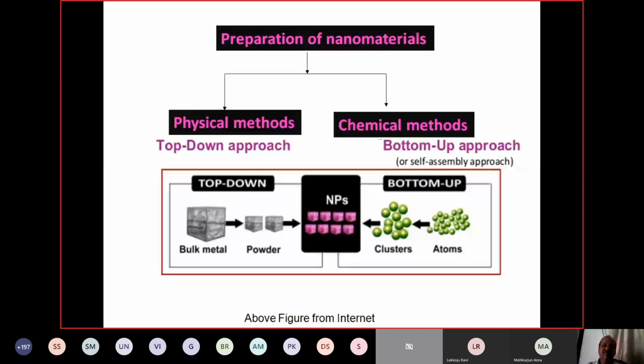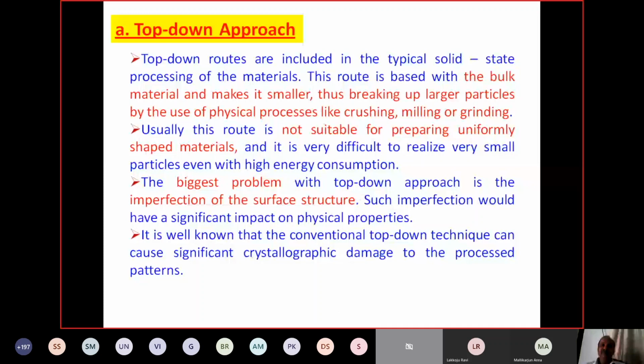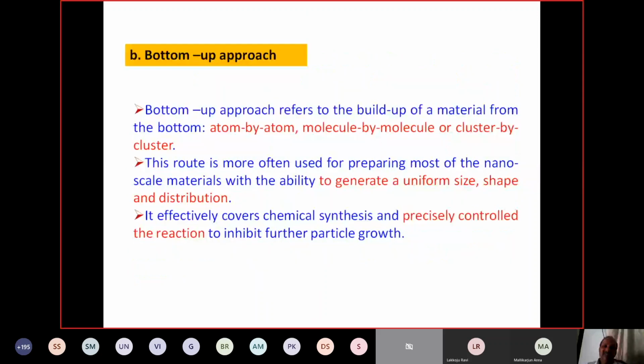That means the top-down approach may not give the proper size, and may damage the crystallographic structure. But in the bottom-up approach, where we make atom by atom or molecule by molecule, it is purely based on chemical reaction, so we can maintain different environments like temperature, pressure, and pH values.